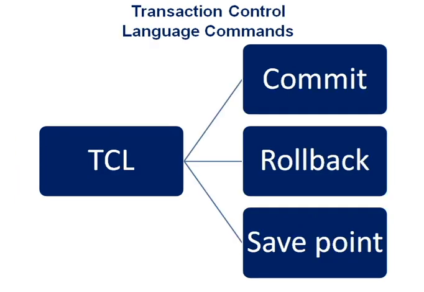Next, the last commands are the transaction control language commands. These commands are used on the transactions which are implemented on the database. Commit means whenever you are doing some transactions, whatever it is, data manipulation transactions, inserting data or updating data, if you want to store the transaction permanently in the database, you can go with the commit command.